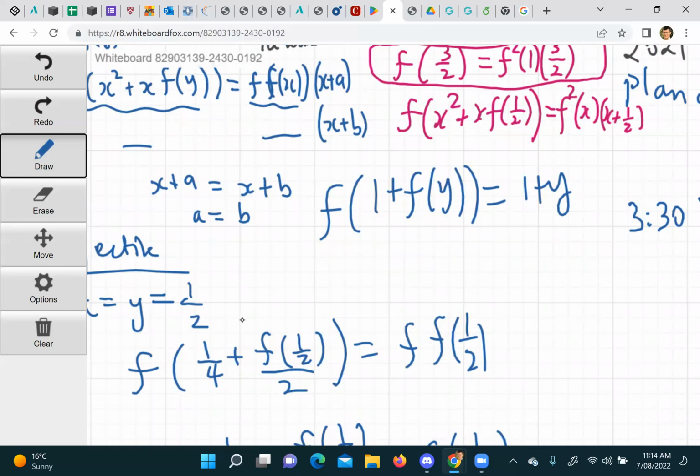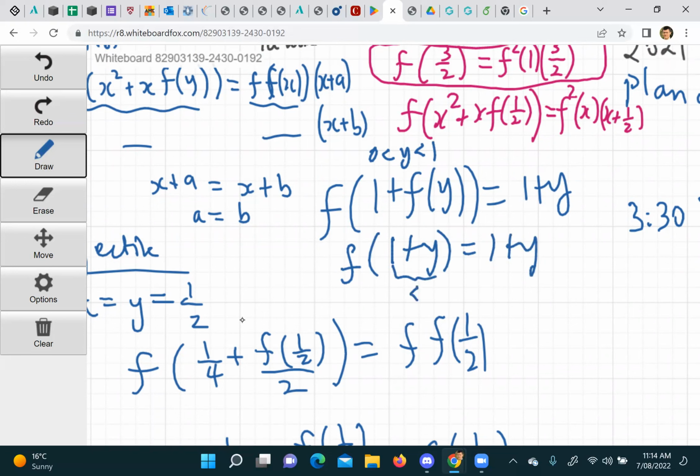So if you take y less than 1, right, then 1 plus y equals 1 plus y. Nice. But now this 1 plus y is bigger than 1 and less than 2, all the values.